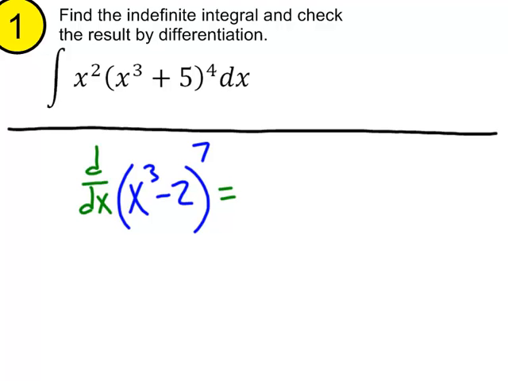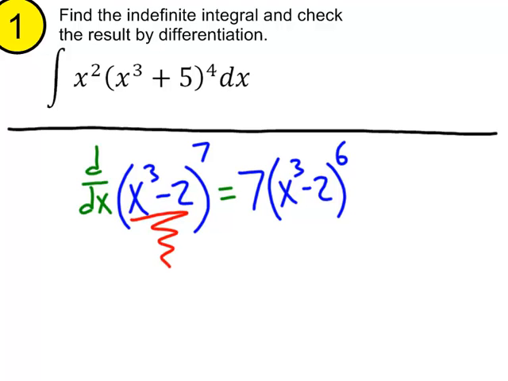Applying the power rule, we'd get 7 times x cubed minus 2 to the 6th power. And it's the chain rule that says I have to multiply that by the derivative of that inside function, x cubed minus 2. So I have to multiply by 3x squared.